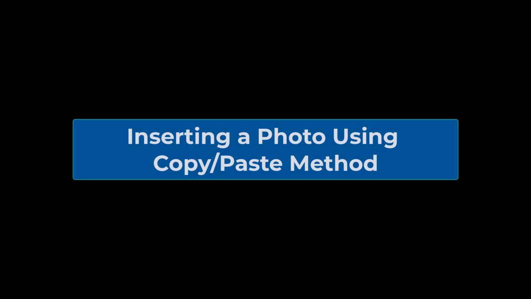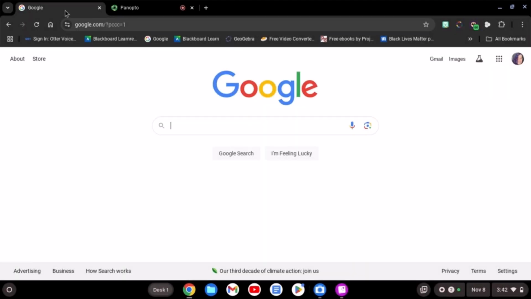All right, students. Now I want to show you one more trick that you can do if you want to insert a picture that you've taken with your Chromebook into a Google Slide or a Google Docs. So I'm going to actually go back to that camera icon to find it. I'm going to click on the camera.